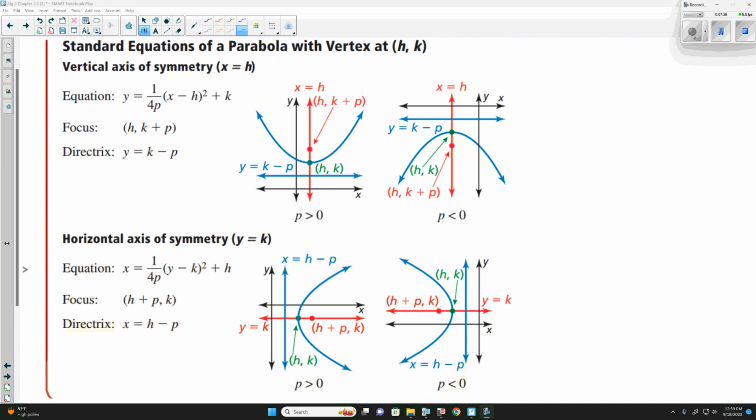Our axis of symmetry changes to y is equal to k. Now the focus for this one is a little bit different than our y equals form, because the focus for this is going to be h plus p comma k, and our directrix is the equation x is equal to h minus p.